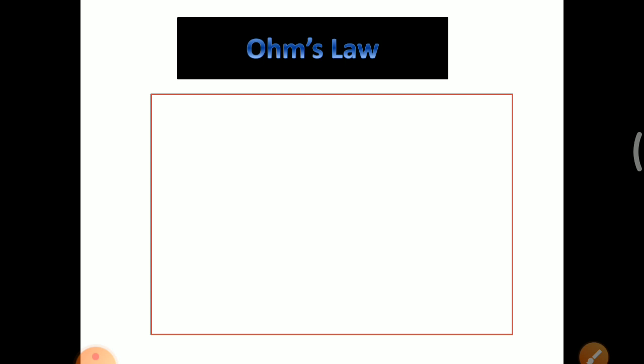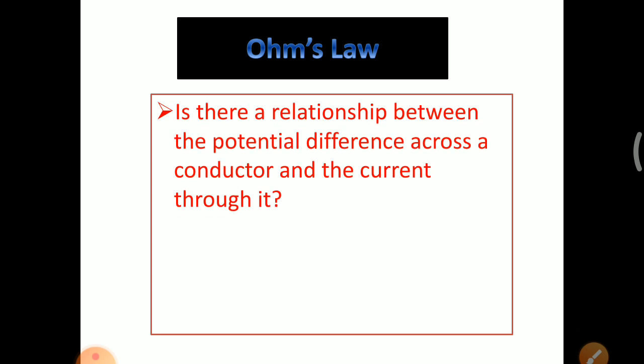So you know electric potential and also electric current. Without electric potential there is no electric current in the circuit. So is there any relationship between the potential difference across the conductor and the current through it?